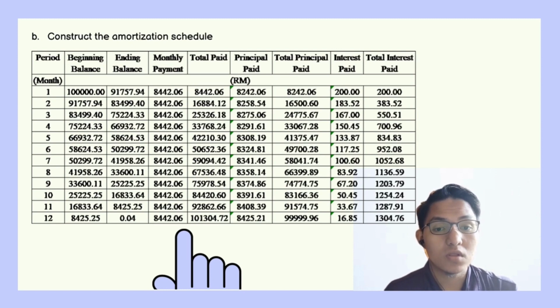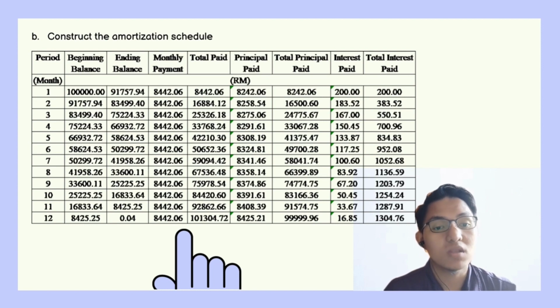This means that in period 2 or month 2, 8,442.06 will be added to 8,442.06, so we get 16,884.12.